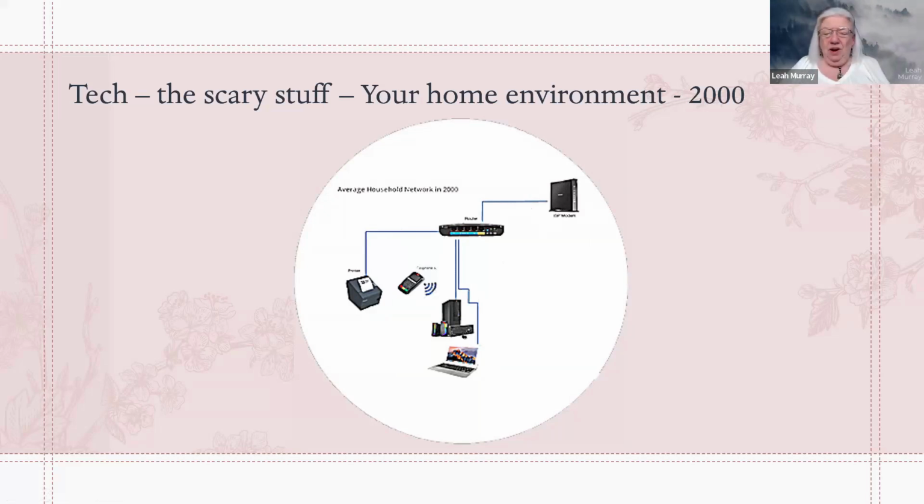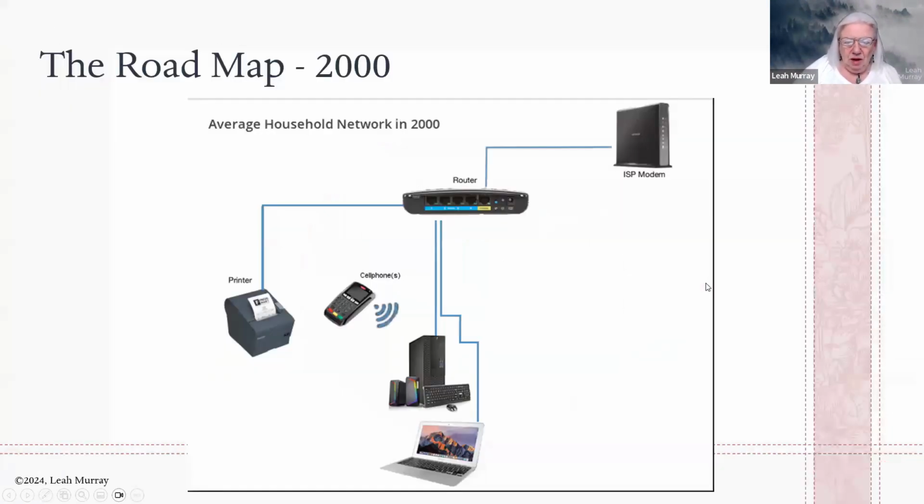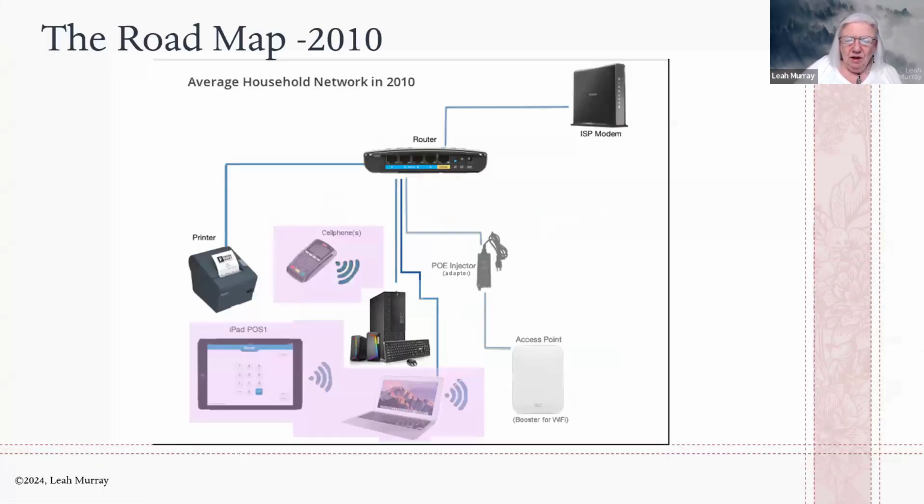That worked very well, except that people eventually decided to get more devices. And when they got more devices, they got a lot more cables. And nobody wants to live like they're in a wiring closet.